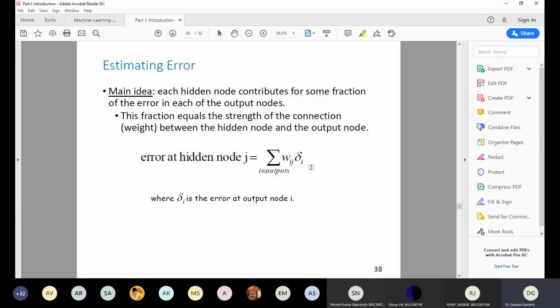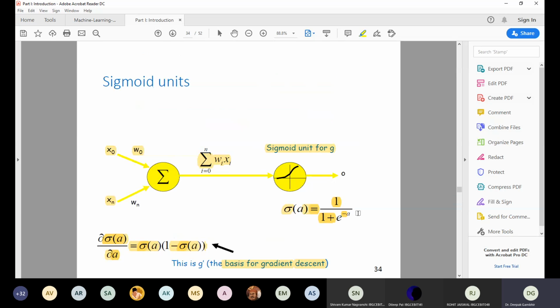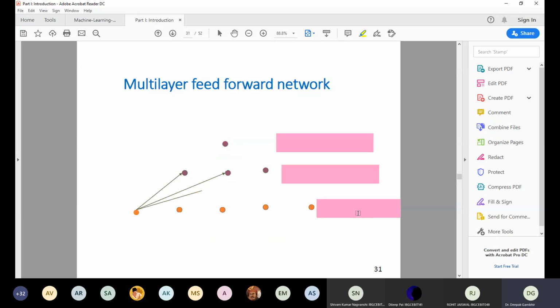They will compute the error between the hidden node. That is, if you are doing the multi-layer perceptron model, then you need to do it for the hidden layer weights, the hidden to output layer weights, and the input to hidden layer weights. You need to train two kinds of weight.